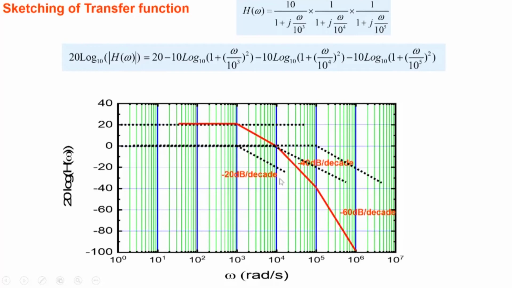Between 10 to the power 3 and 10 power 4, the signal is attenuated by 20 dB per decade. Between 10 power 4 and 10 power 5, it becomes 40 dB per decade. And between here and here, it's even larger: 60 dB per decade. So higher frequencies are attenuated even more compared to somewhere over here.